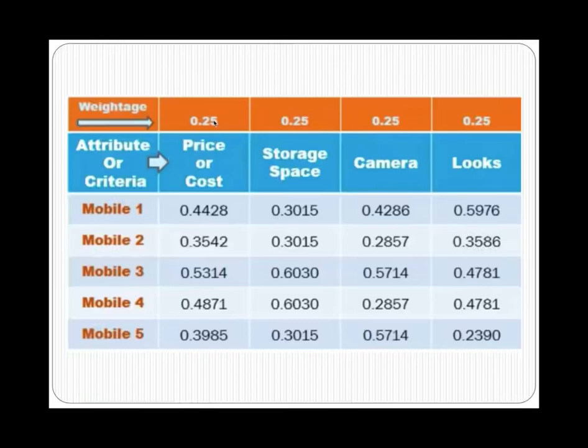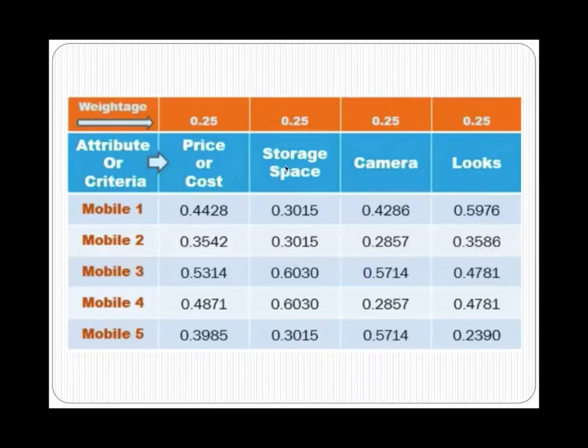And now we add some kind of weights to each feature. We can basically assign equal weights like 0.25, 0.25, 0.25, 0.25, or we can assign some different weights as per the convenience of the person who is solving the problem. For example, you might think that the price would require more weight than storage space.